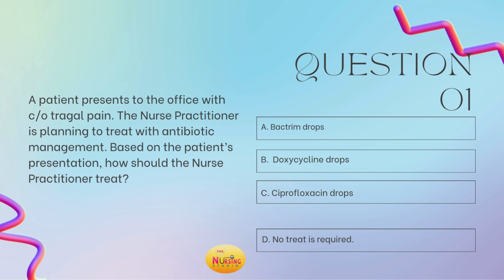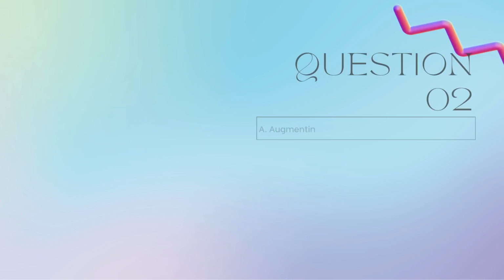Outside of that ear pain, that's the most common symptom. When you see this, you should start to think otitis externa, and what is that first line treatment option that we would utilize for antibiotic management? It would be C, ciprofloxacin drops. Ciprofloxacin otic drops will be our first antibiotic option to utilize. Okay, so C is your best answer.